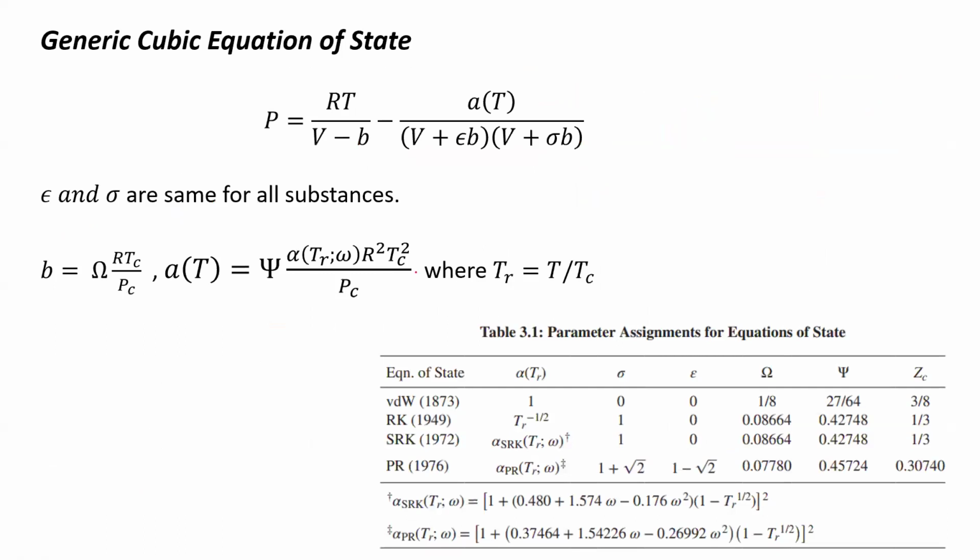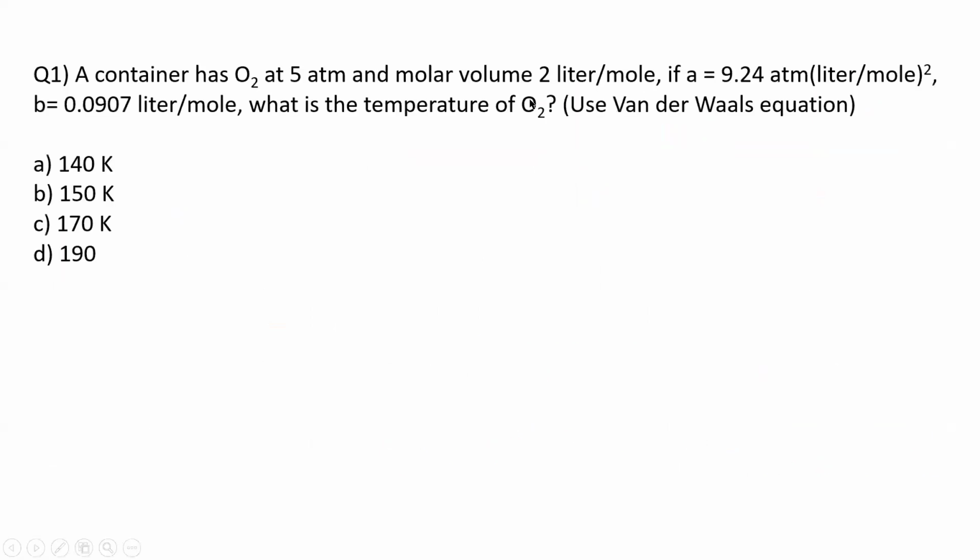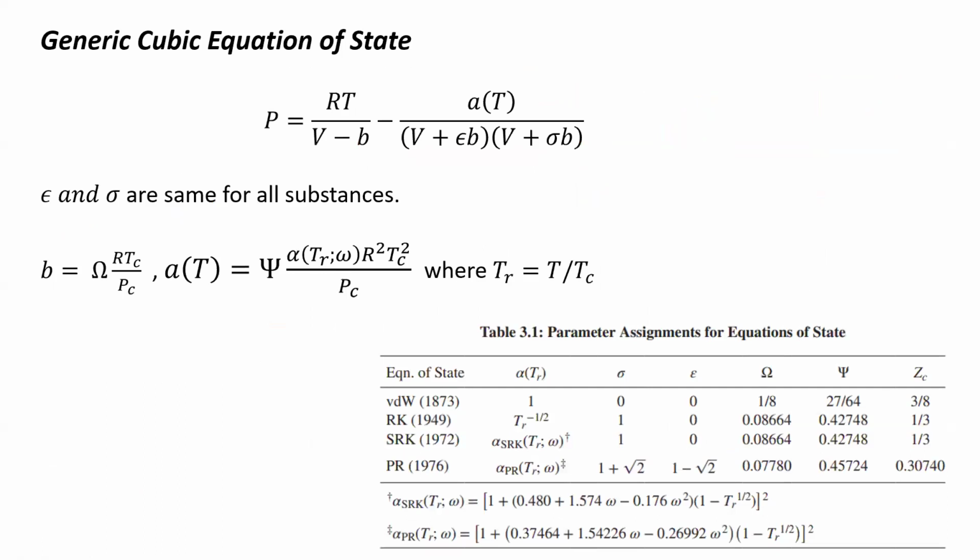Now, if you come to any generic cubic equation of state, then this can be represented as P = RT/(V − b) − a/((V + εb)(V + σb)).